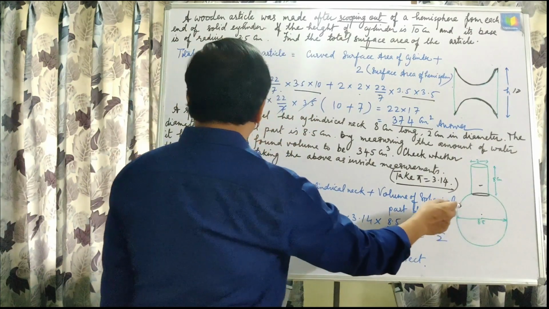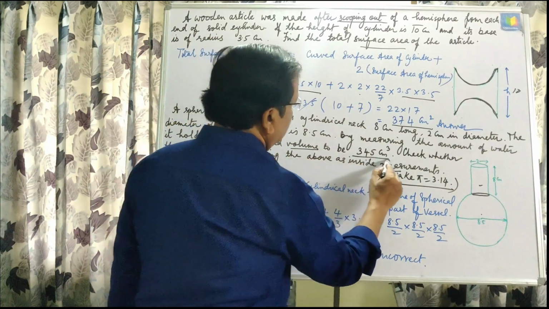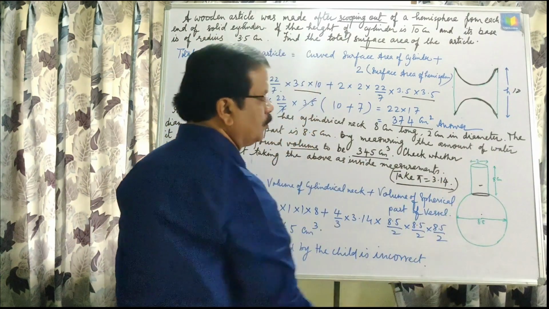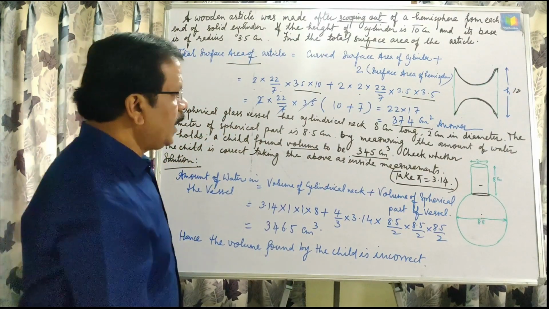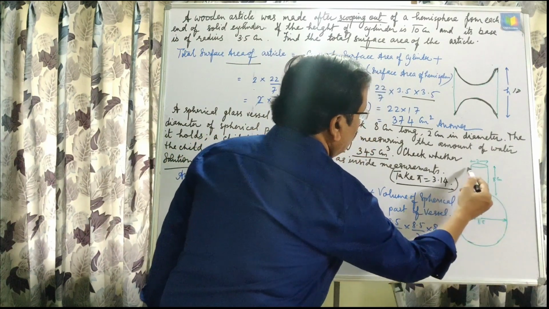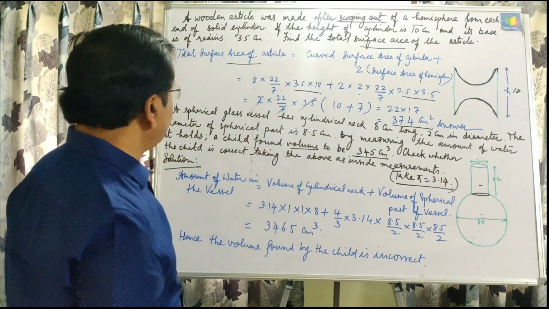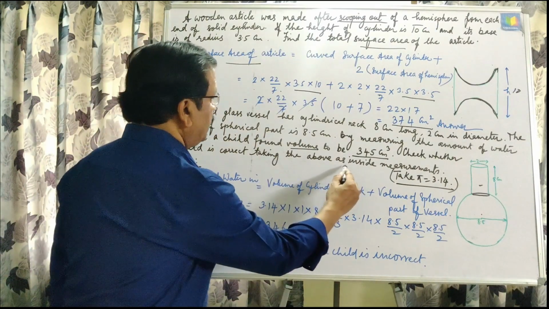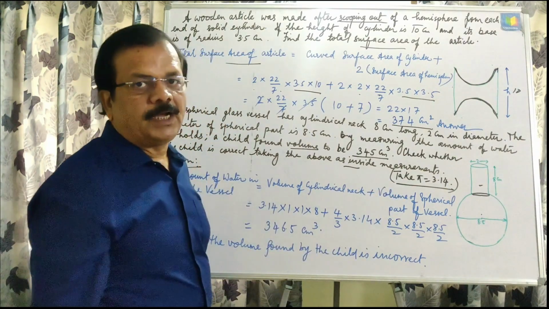By measuring the amount of water it holds, a child found volume to be 345 centimeter cube, because in this volume we are getting volume of this portion, that is sphere, and volume of this cylindrical neck. Okay, and then check whether the child's measurement is correct or not, taking pi equal to 3.14.